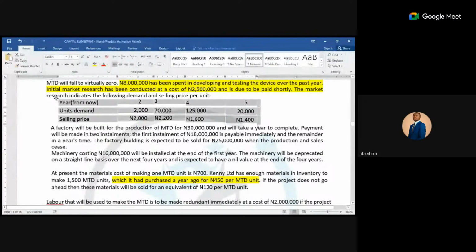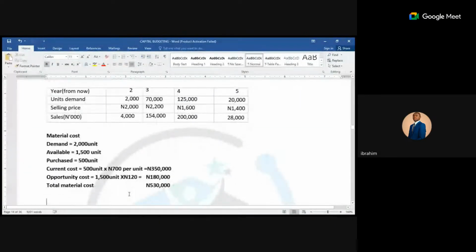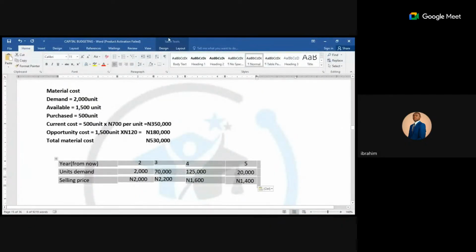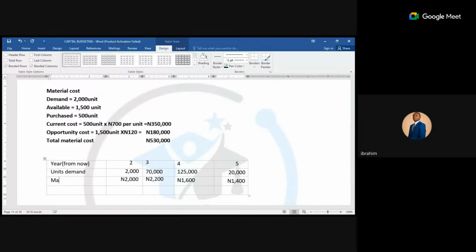So this is material costs. Material cost is 700 naira per unit.